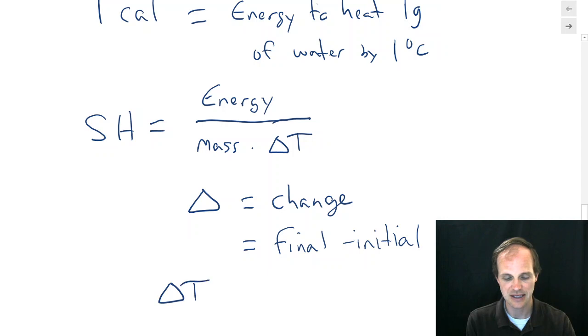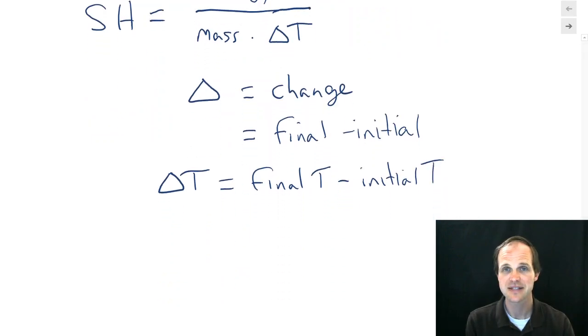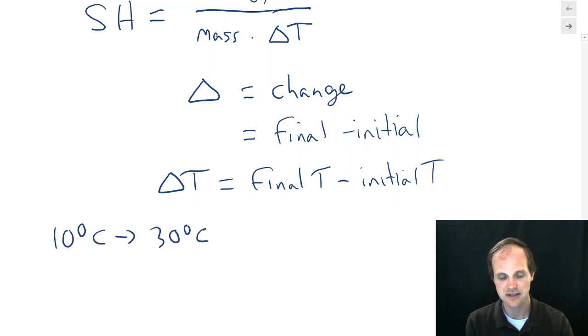So a delta T is going to be a final temperature minus an initial temperature. And when I say I'm heating it up by 1 degree, I'm already saying I've got a change in temperature of 1 degree. But if I said, oh, I'm going to heat something from 10 degrees Celsius to 30 degrees Celsius, then my final T would be 30 degrees Celsius.